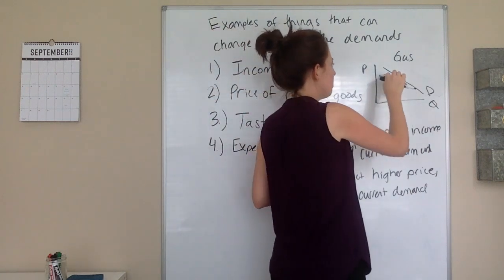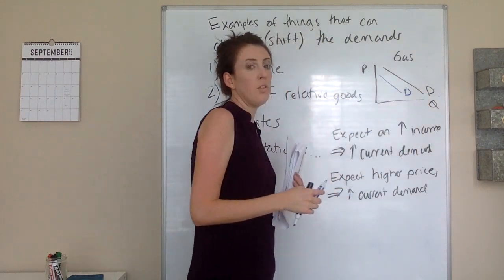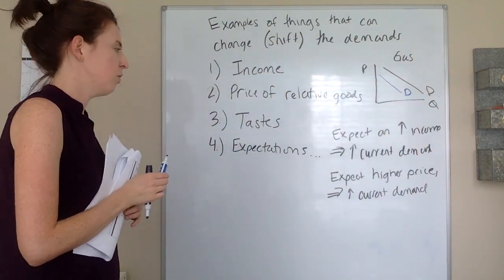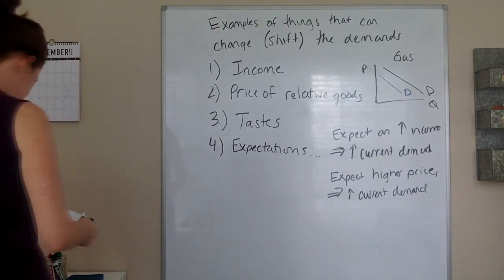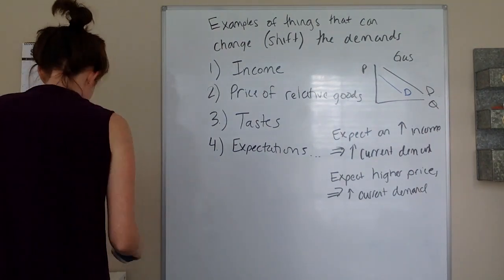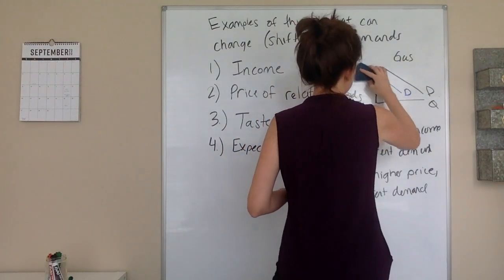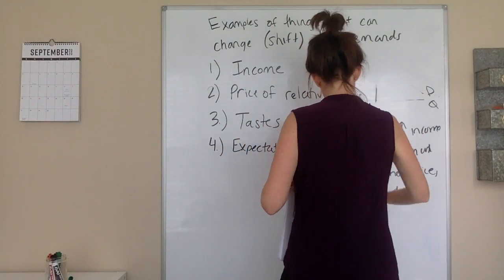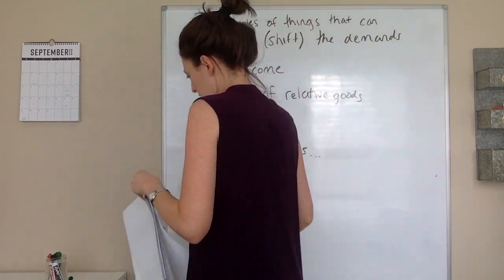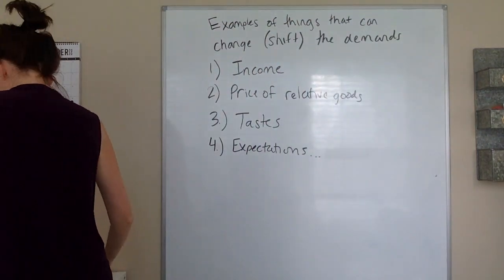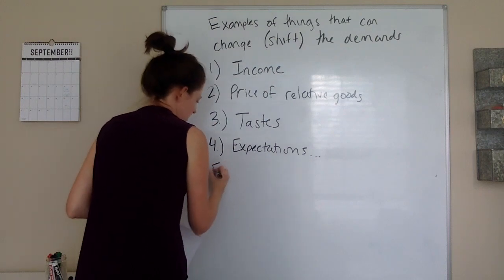And so today your demand for gasoline would fall if you expect the price of gasoline to be cheaper in the future. Okay, we're almost at the end here. So the next and last example of something that might change the demand in a market is the number of buyers.